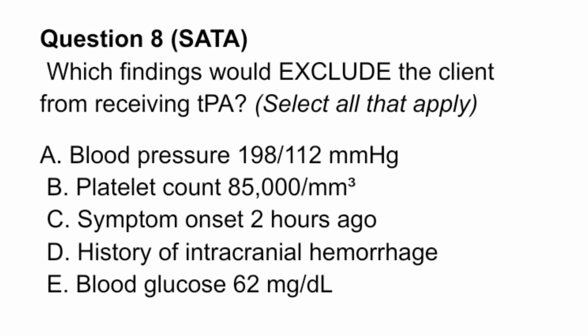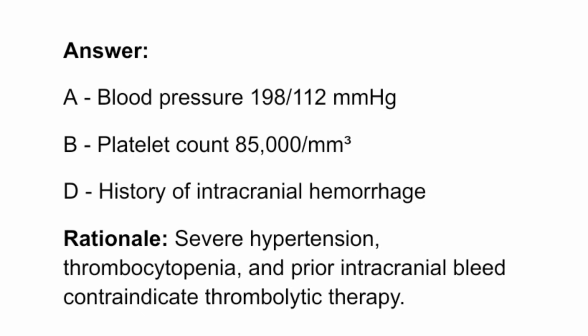E. Blood glucose 62 milligrams per deciliter. Answers: A. Blood pressure 198/112. B. Platelet count 85,000. D. History of intracranial hemorrhage. Rationale: Severe hypertension, thrombocytopenia, and prior intracranial bleed contraindicate thrombolytic therapy.